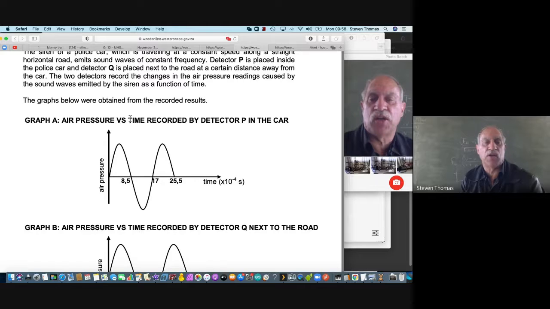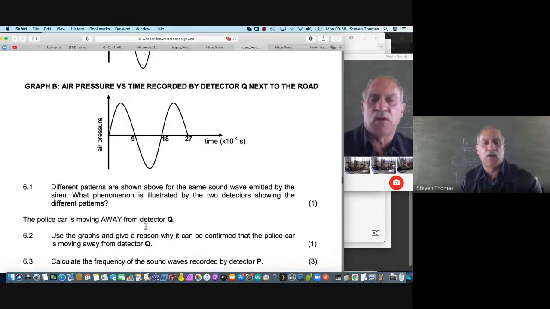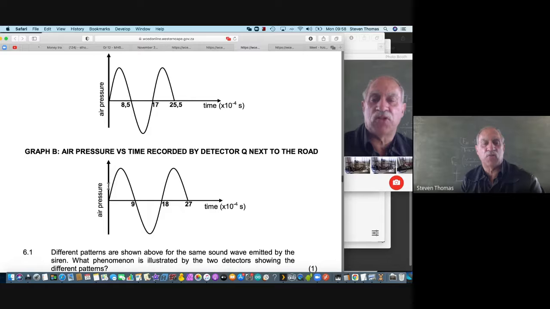The graphs below were obtained from the thing. So here is the air pressure versus time recorded by the detector P in the car. So this is the actual, if it's in the car, there's no Doppler effect. This is a detector on the side of the road. Now, do you see this wave? What have they given us here?